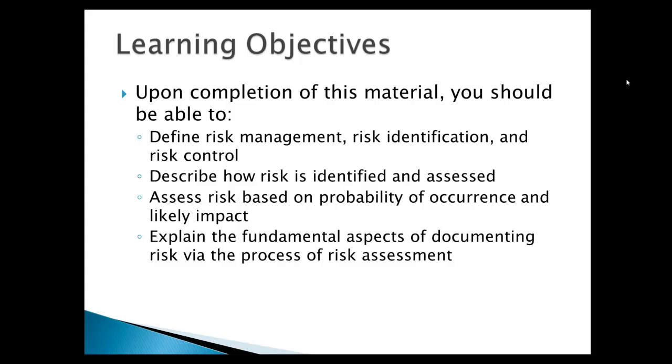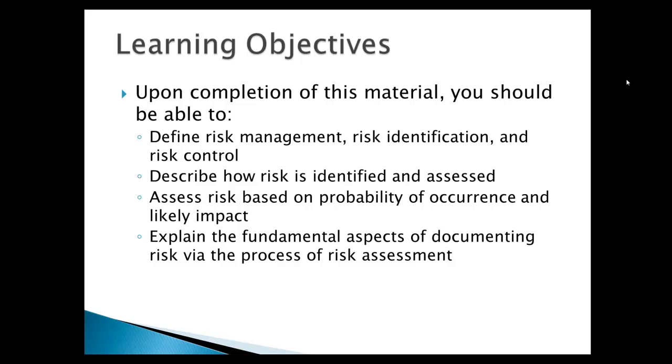Basic learning objectives that we have for this module: we want to define what risk management is, risk identification, risk control, how we would go about identifying risk and assessing it, and assess risk based on probability of occurrence and likely impact. I believe that these terms have popped up in some discussion modules.